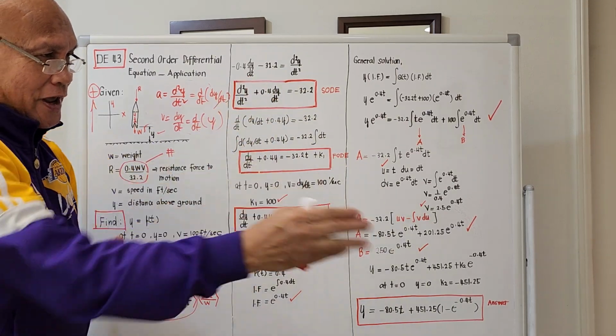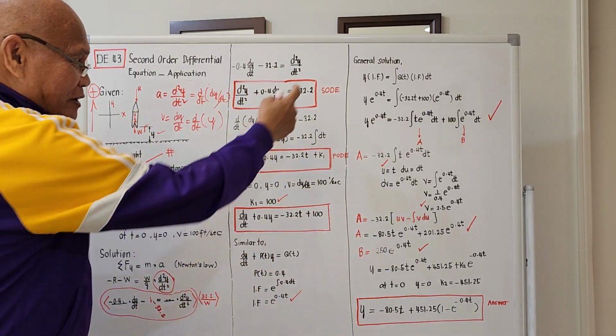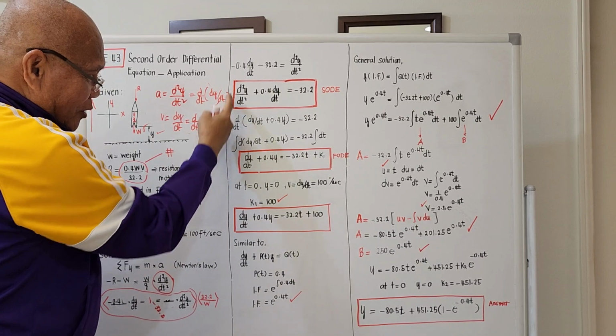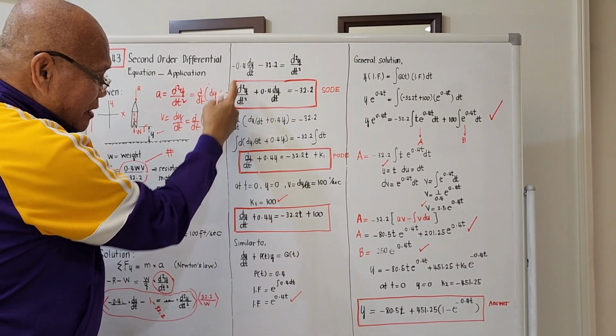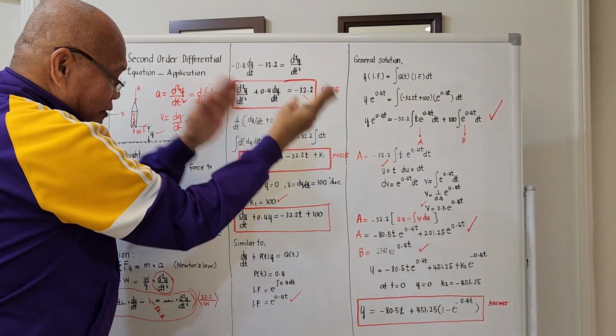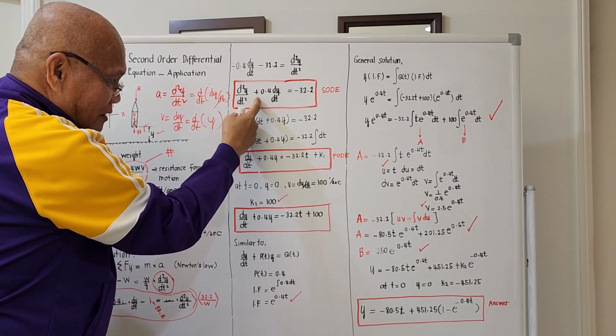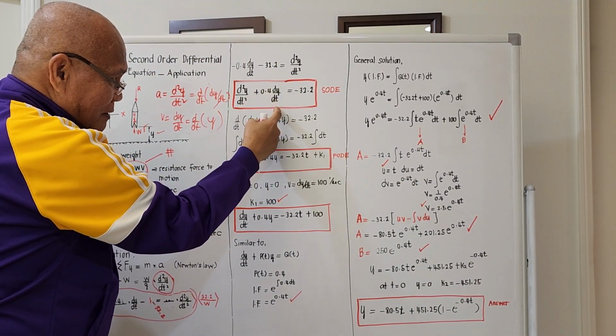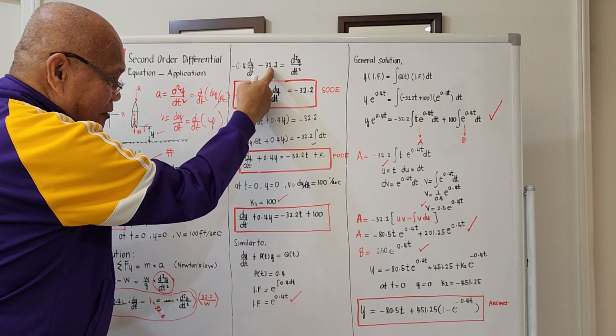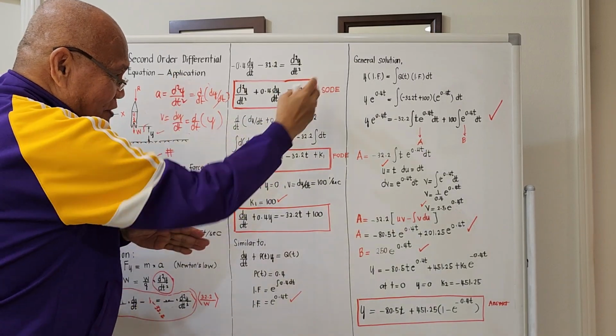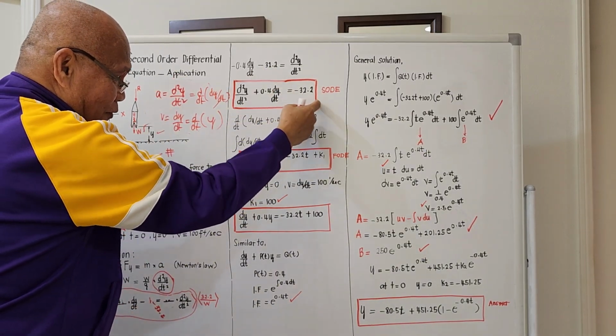And if we rearrange this, we start with d square y over dt square. We place this on the right, then rearrange, and it will become plus, right? 0.4 dy dt. This remains on the left, but we rearrange it, so it's still negative 32.2.